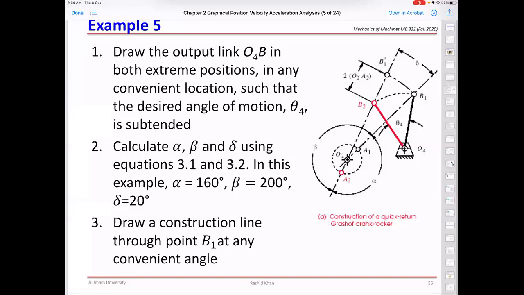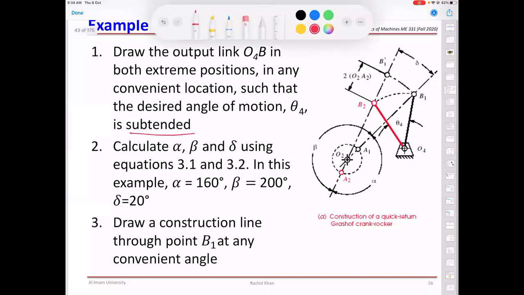Okay. It says draw the output link O4B, right? O4B is the rocker, right? In both extreme positions in any convenient location, such that the desired angle of motion θ4 is subtended, right? Okay. It means attained, right? Or obtained something.